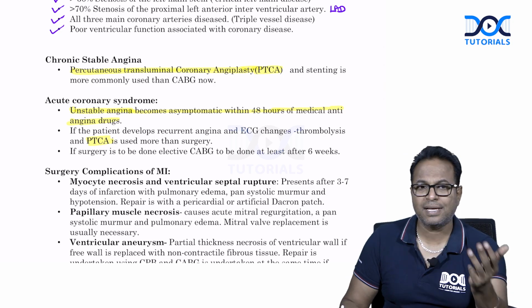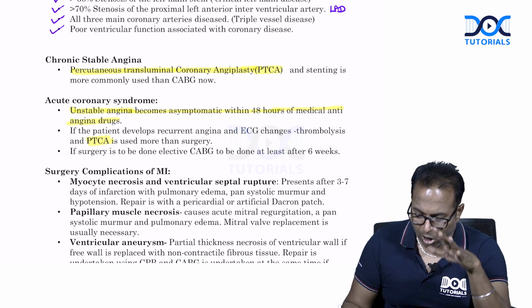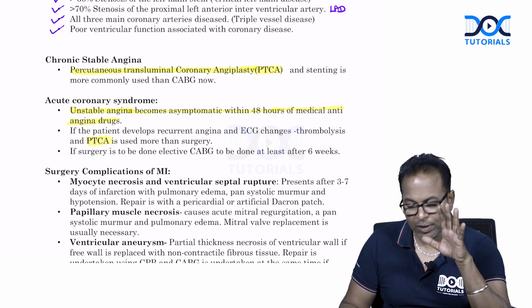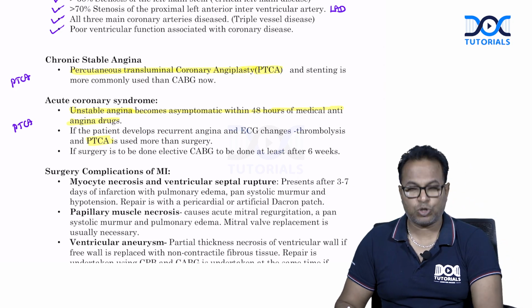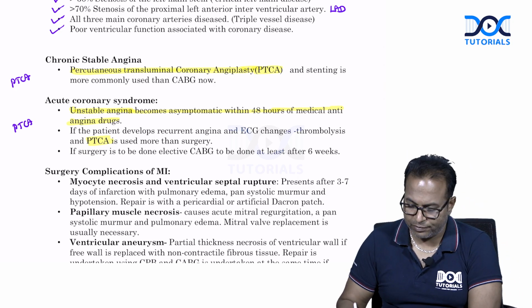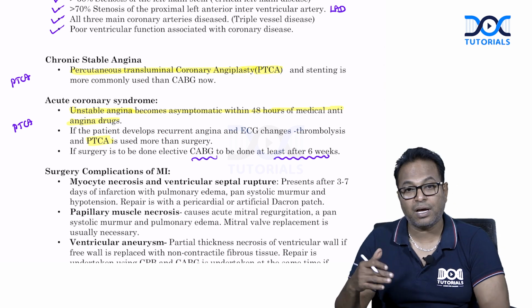So for chronic stable, chronic unstable or acute coronary syndrome, nowadays only percutaneous transluminal coronary angioplasty is done. If surgery is to be done, elective CABG is done after 6 weeks. In these cases, after thrombolysis, we have to do surgery after 6 weeks.